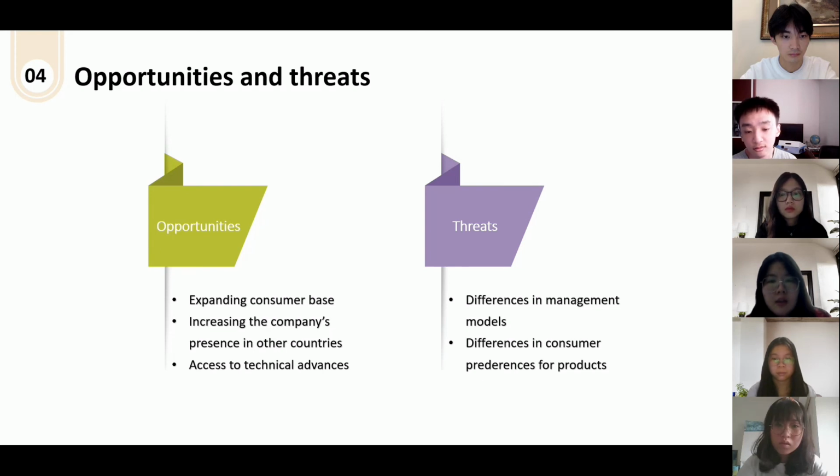In addition, technological advances can be obtained through the takeover of other companies. While the benefits of this approach are many, we cannot ignore some of the challenges it presents. Cultural distance between countries can bring different modes of management, hierarchies, etc. Moreover, the needs of customers in different cultures are also very different.